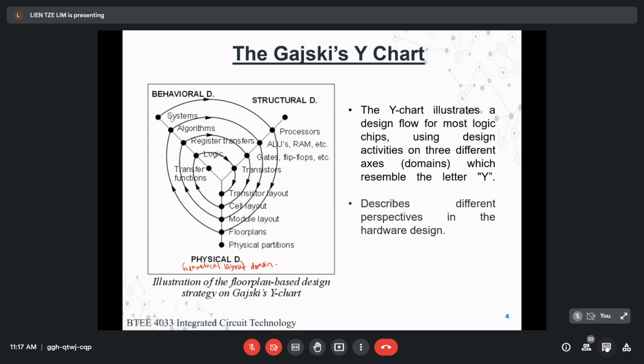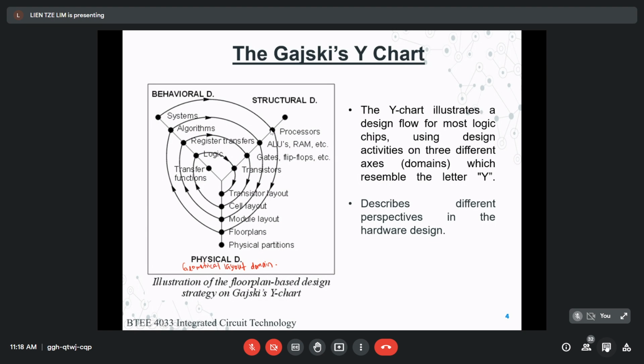If you follow it, in the behavioral domain at the system level, it means the system indicates the processor, the chip itself, in the structural domain. So you see this line is going to the first level of the processor in the structural domain.